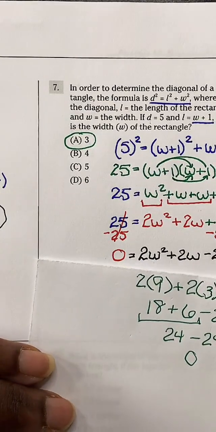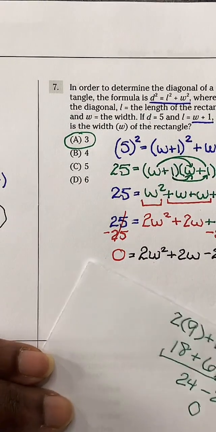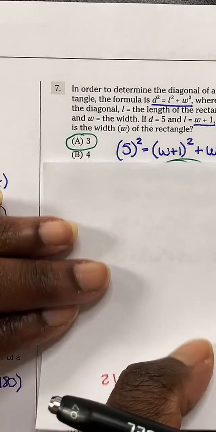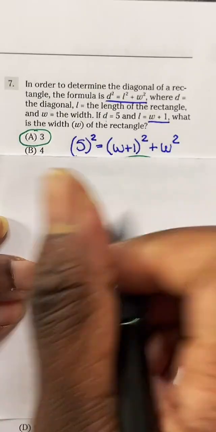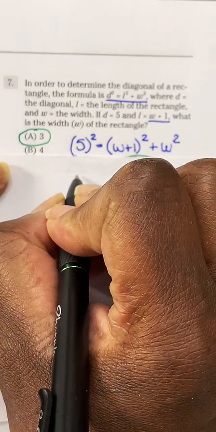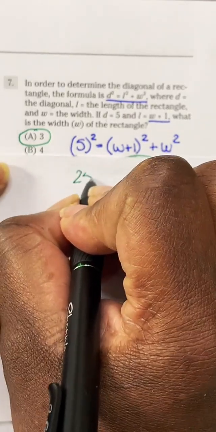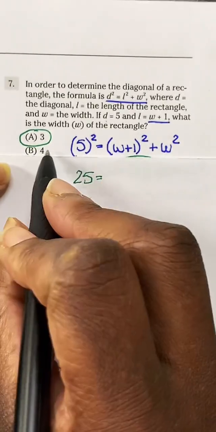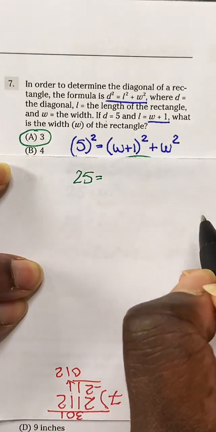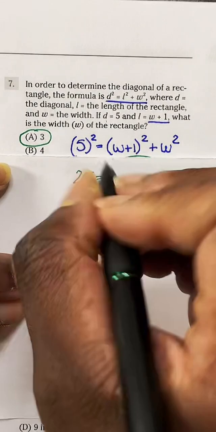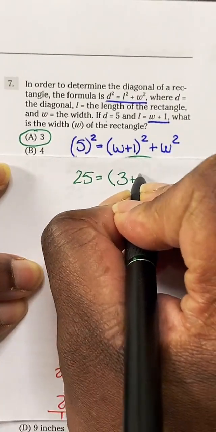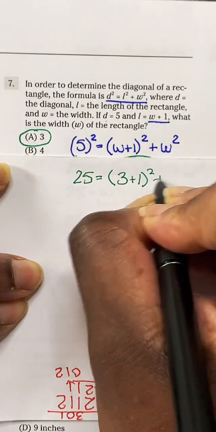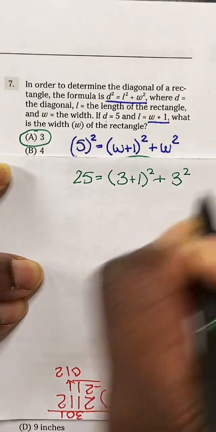If you didn't like doing all of this fun stuff, not a problem, because we all learn differently. We could, from the very beginning, handle our 5 squared, which was our 25, and substitute 3's in for the W's to see which one will work. So inside here, you would have had 3 plus 1 squared plus 3 squared.